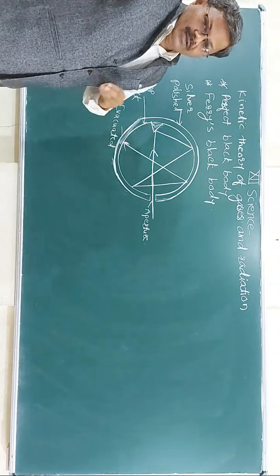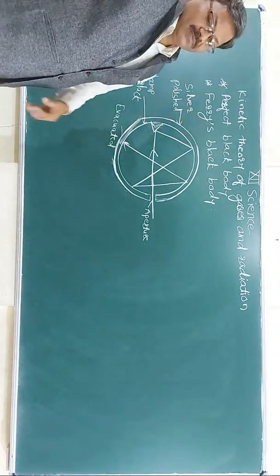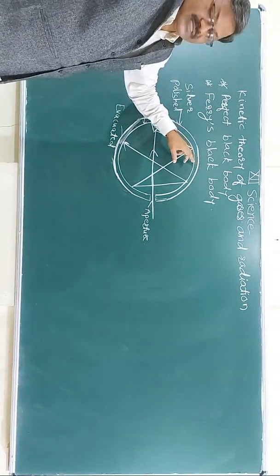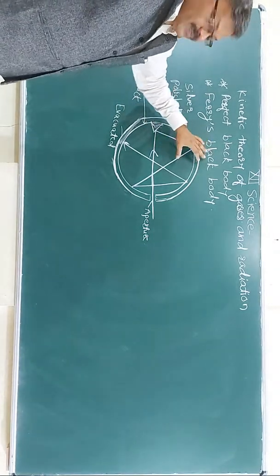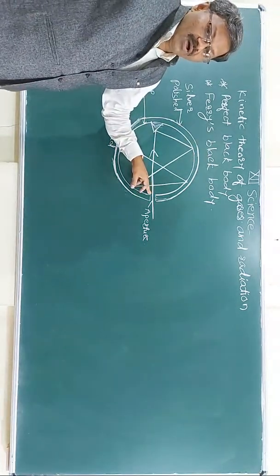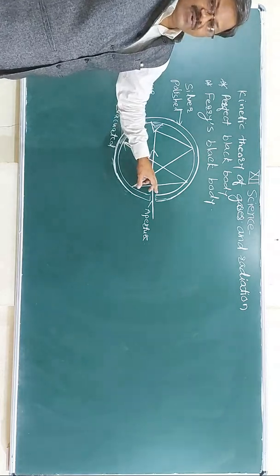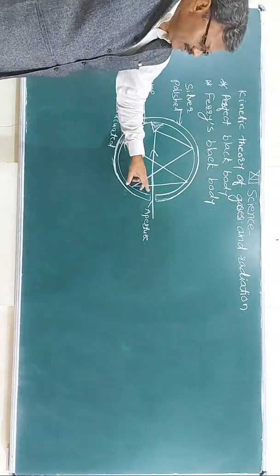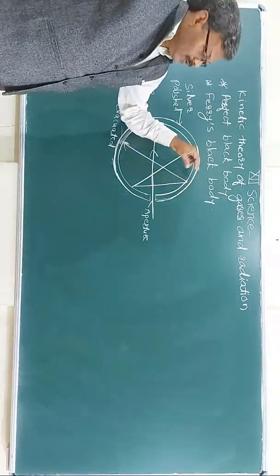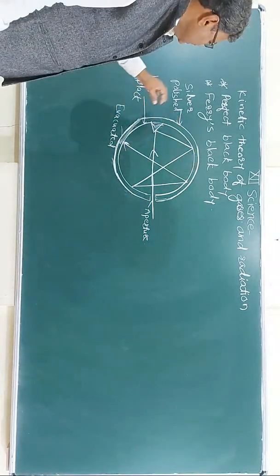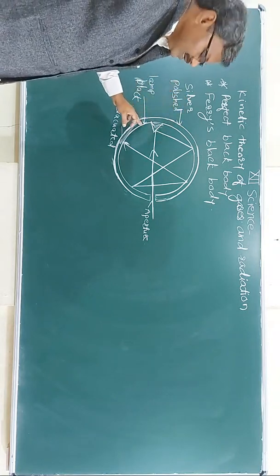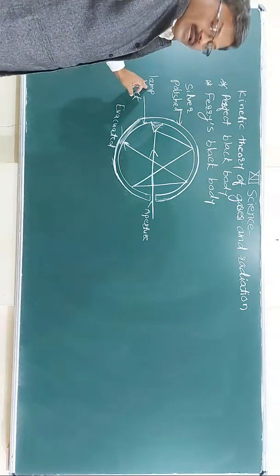It consists of a double wall sphere having a small aperture, or tiny hole. The outer surface is silver polished, while the inner surface is coated with lamp black.